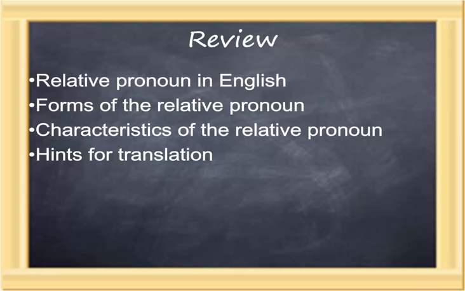We've talked about the characteristics of the relative pronoun, how it agrees with its antecedent in gender and number, but gets its case from how it's used in a relative clause, and we've looked at several hints for translation. And that concludes Chapter 14 on the relative pronoun and our lectures on noun and noun-related forms. We'll do a test, and then we'll start verbs.